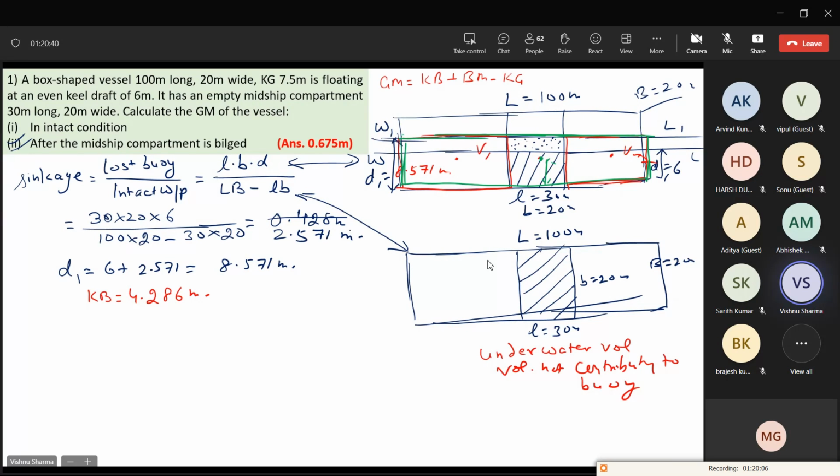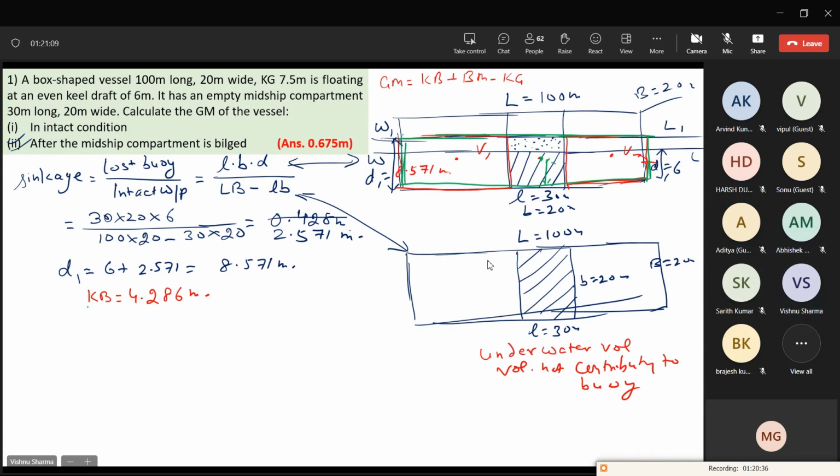You will first identify the underwater volume, which you said is capital L into capital B into D1. Next you will multiply by the lever, and the lever you told me is D1 by 2. Correct, guys? Yes, sir.